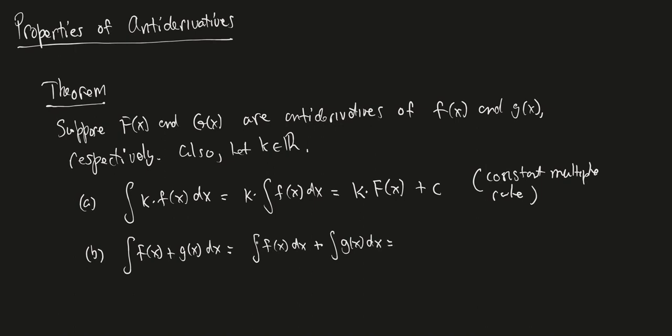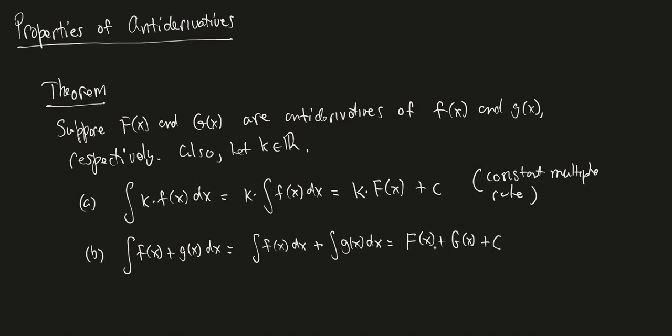And then we know that the antiderivative of little f is big F, and the antiderivative of little g is big G. So now we can add those two together and get the antiderivative of f plus g. So this is big F of x plus big G of x, and of course we can't forget our constant of integration.